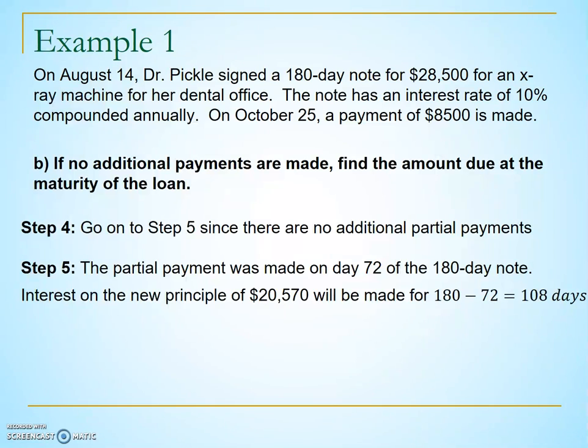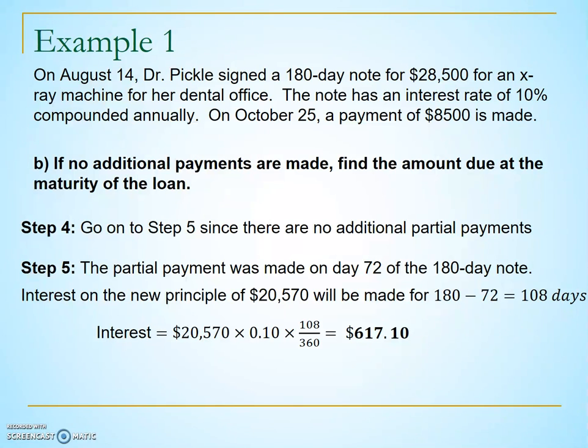To calculate the interest on the remaining principal of $20,570, we again use simple interest. 20,570 times 0.10 times 108 divided by 360 results in $617.10 in interest owed.